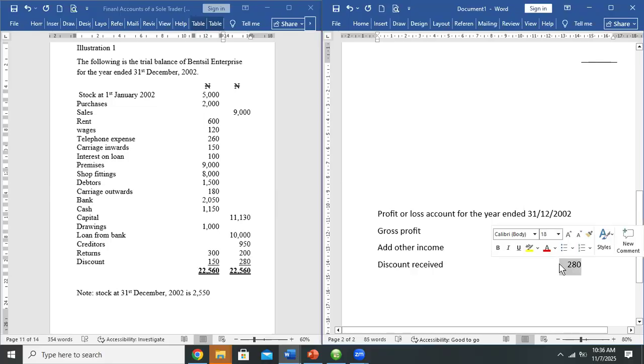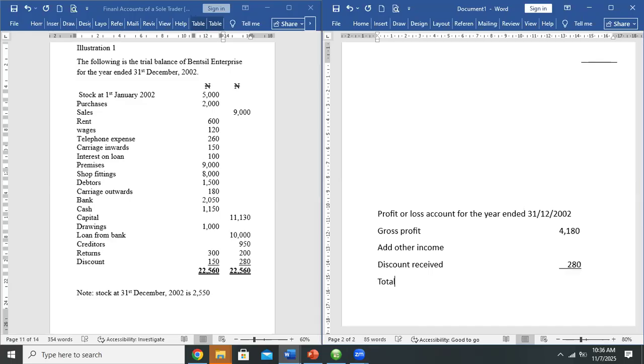So you add it and you get your total income, which will be 4,460. Okay. Then you less the operating expenses.